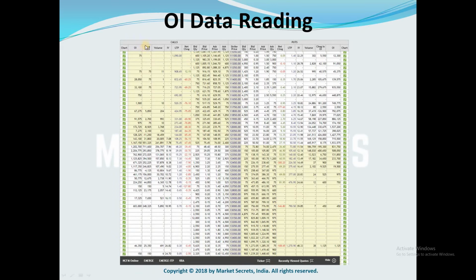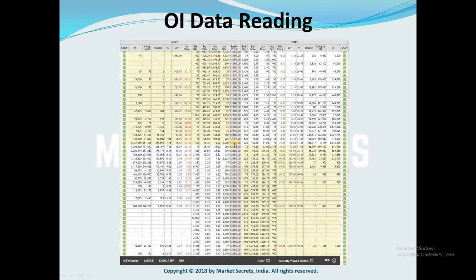The next item is change in open interest. This denotes the number of new contracts added for this particular strike price today. For 12,200 there were nearly 5,51,000 contracts added today on the call side. The next item is volume, which is nothing but the number of contracts traded today at this strike price.